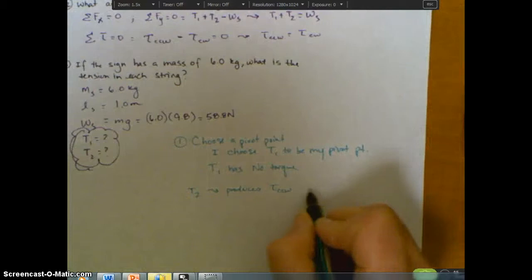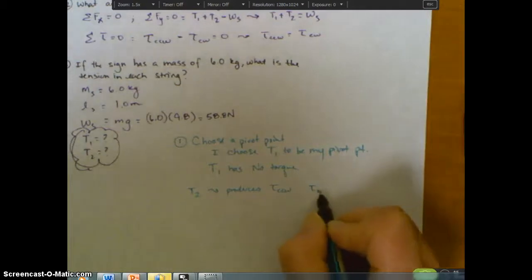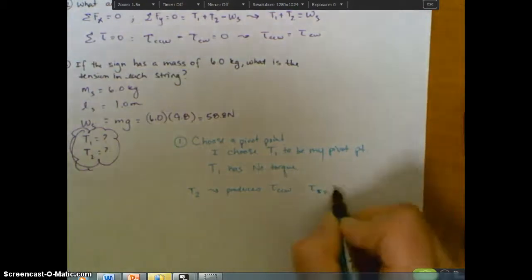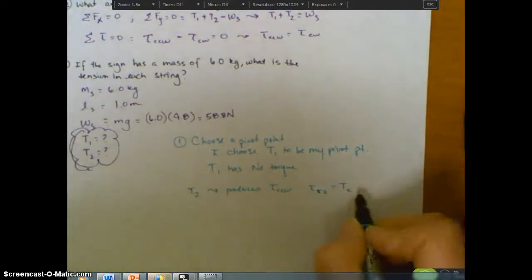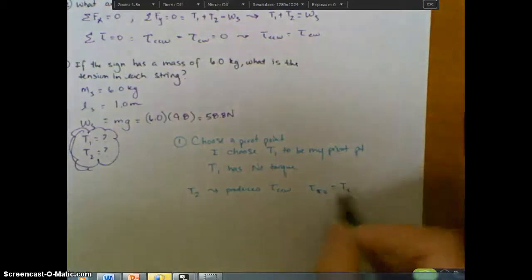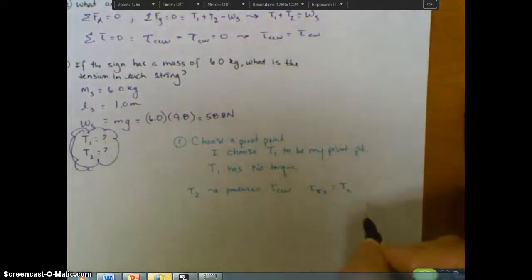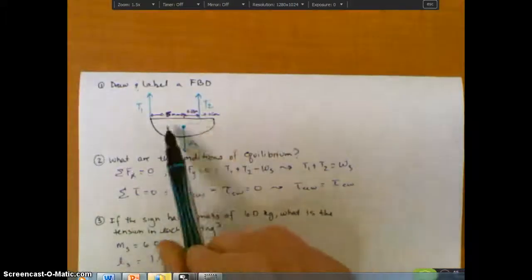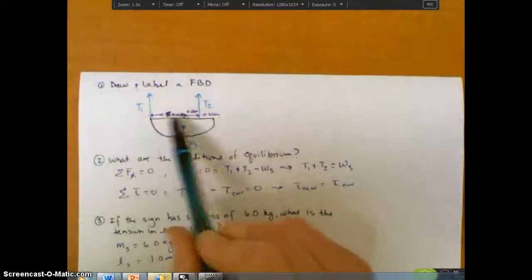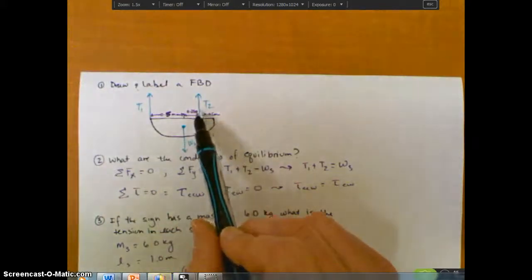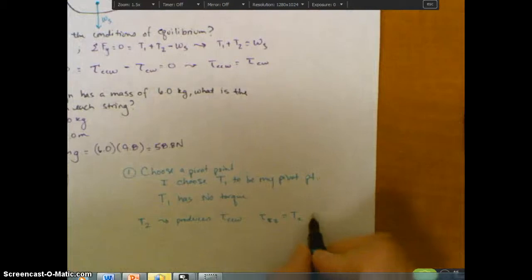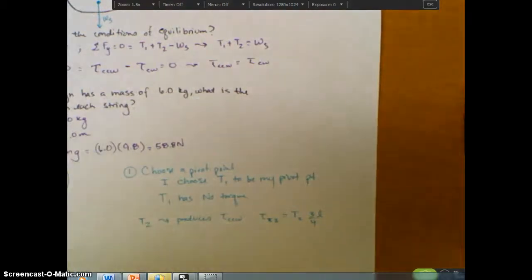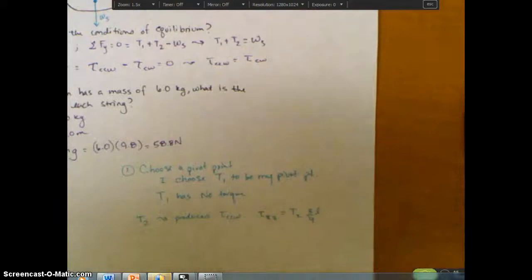And I know that the torque of T2 is going to equal the tension of the second wire times the length of the lever arm. The length of the lever arm here, again, was located 0.75 meters, or 3/4 of a meter, from the edge of the sign. So it would be 3/4 of the length of the sign.